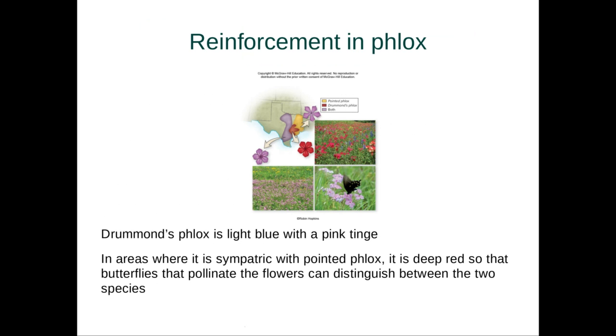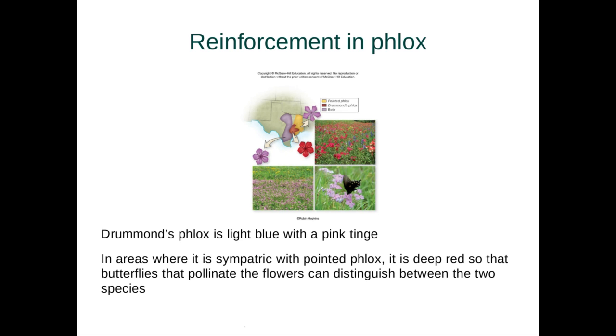Now, in those areas, it is deep red so that the butterflies that pollinate the flowers actually can distinguish between the two species, which is kind of cool, right? So you have these species with slightly different phenotypes or traits in different areas, but when they occupy a similar range, they take on a slightly different color so that they're easily distinguishable for their pollinators.